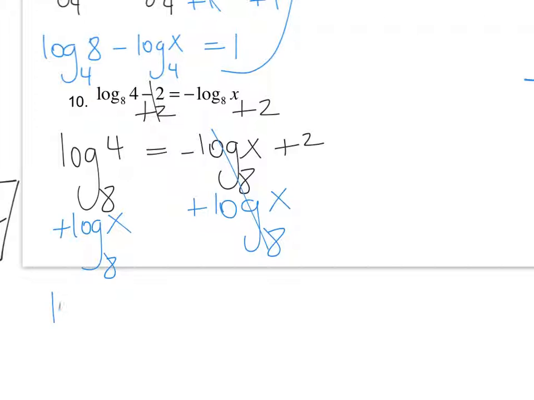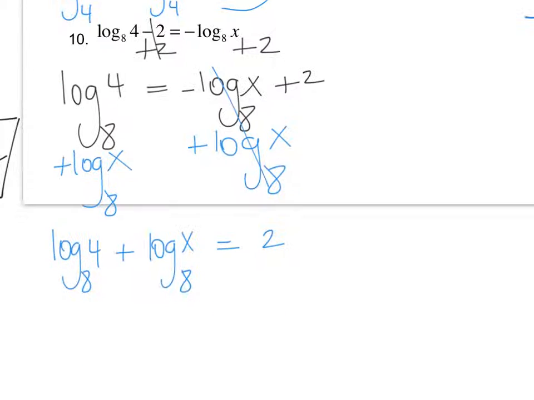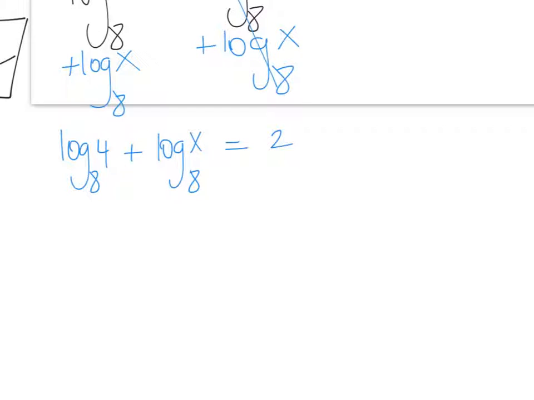So I have now log base 8 of 4 plus log base 8 of x equals 2. Now, if I look at those two logs, there is addition between them. So I remember the product property. The product property tells you can condense these two by multiplying the arguments 4 and x. So log base 8 of 4x is equal to 2.